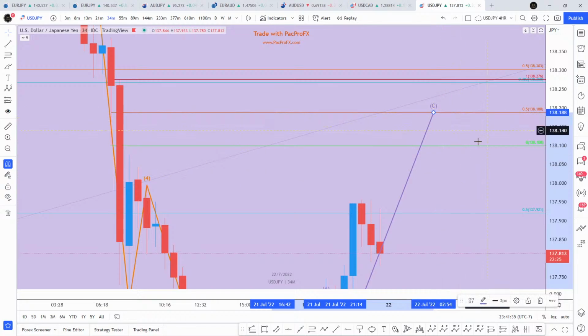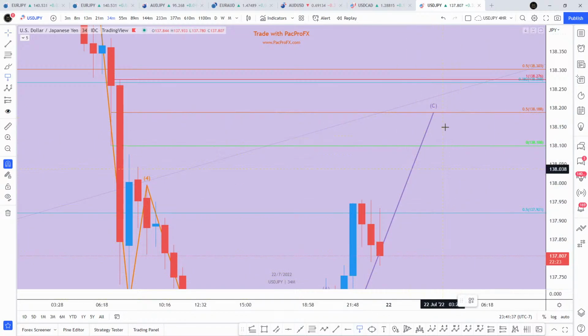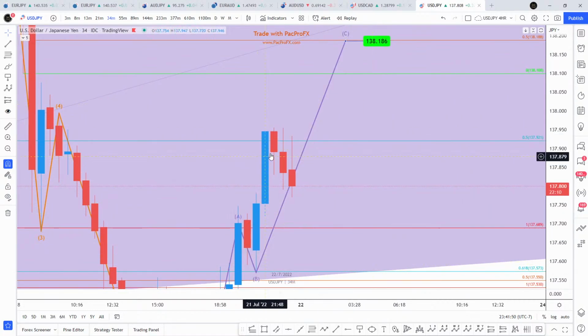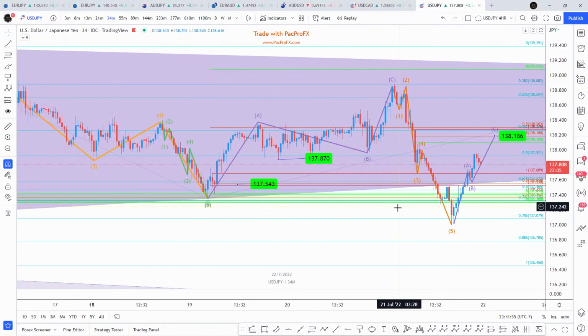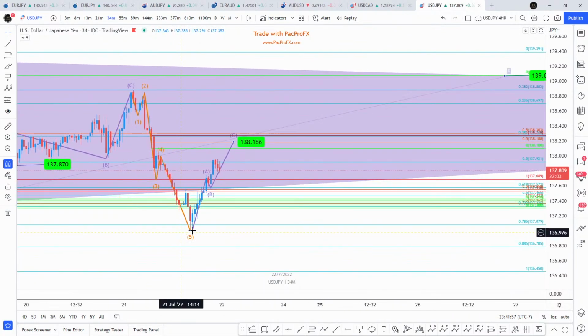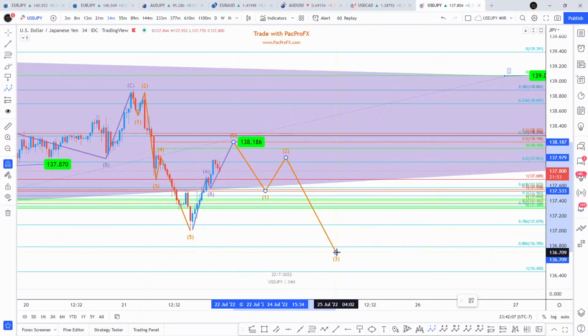That will end up here at 138.188. So it'll pull back and then come back up again. And once that's done, this looks like it's ready to come down and break downwards. So this will definitely start falling that way.